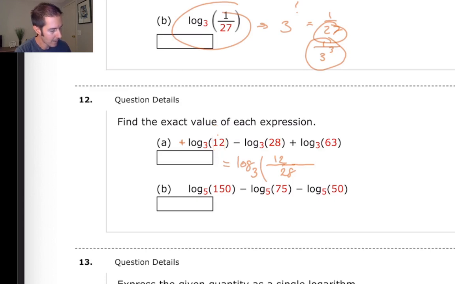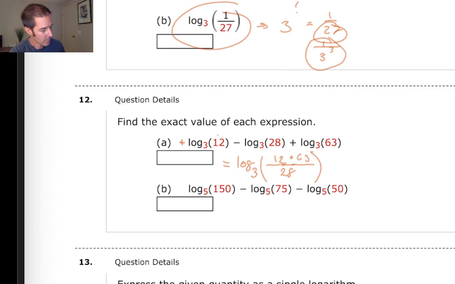Instead of doing minus, as I'm combining these logarithms, that subtraction, in a way, turns into division, which is why I have this division line right here. The addition symbol that you're seeing here is going to, in a way, turn into multiplication. And because it's positive, that multiplication is happening in the numerator again. If it's positive, it ends up in the numerator. If it's negative, it ends up in the denominator.